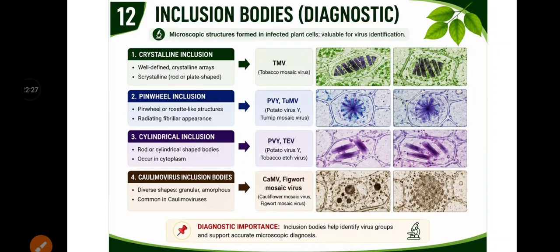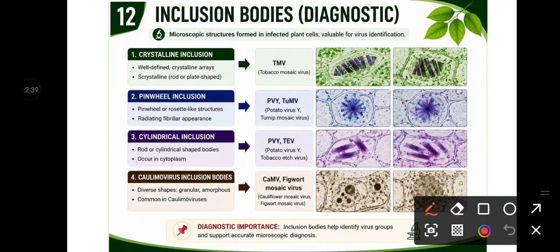Then finally, most important is the inclusion bodies. These are microscopic structures formed in infected plant cells, and this is most important from our perspective for identification of the virus. Actually, what happens during virus replication is that when excess proteins or viral bodies are formed, they are removed as inclusion bodies from the replication pool, forming crystal structures known as inclusion bodies.